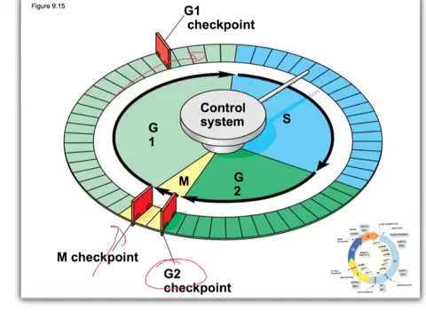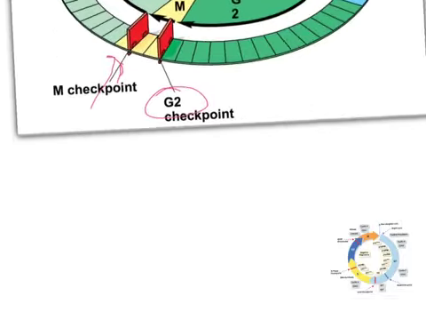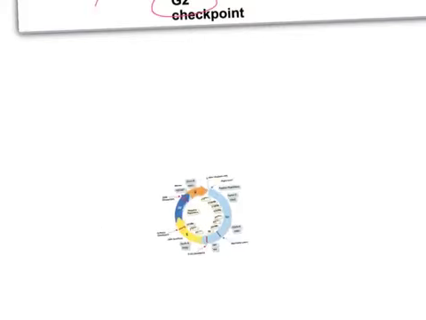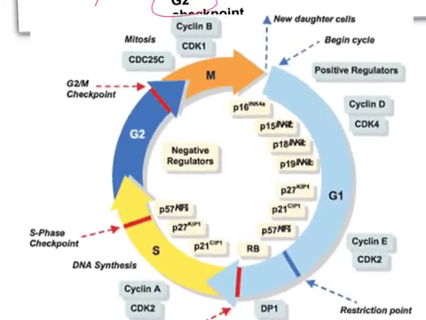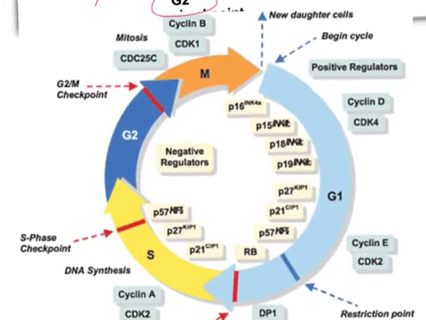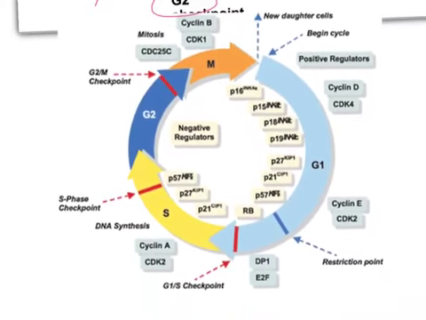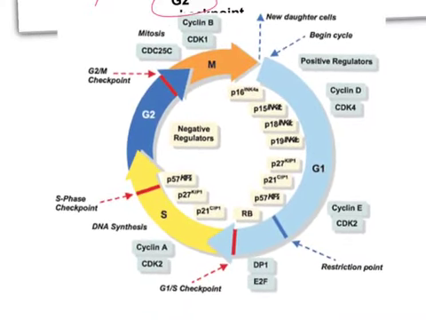Now, this is a complicated point. This is a diagram that shows how complicated this is and what proteins are involved. The cycle's a little off.